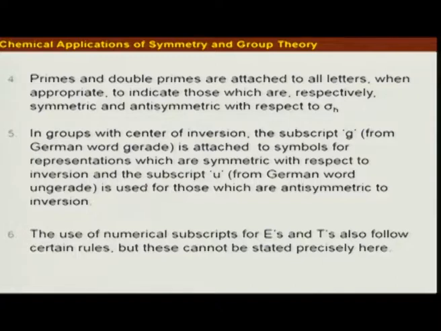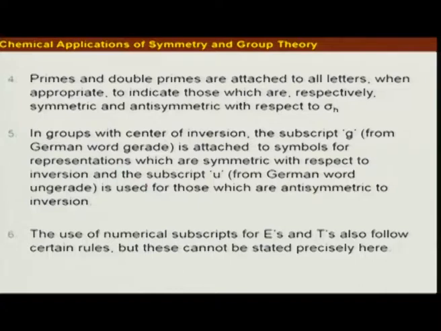So primes and double primes are attached to all these letters A, B, or E when appropriate to indicate those which are respectively symmetric and antisymmetric with respect to sigma h. Okay, so if the character corresponding to sigma h is positive, then you have a prime. If it is negative, you will have a double prime.